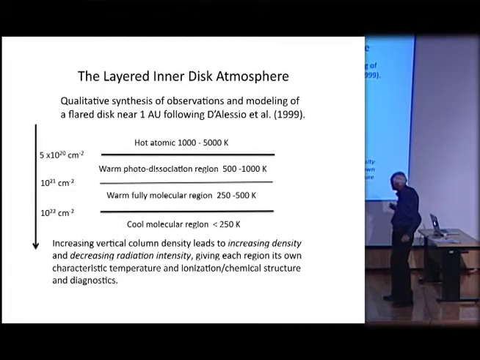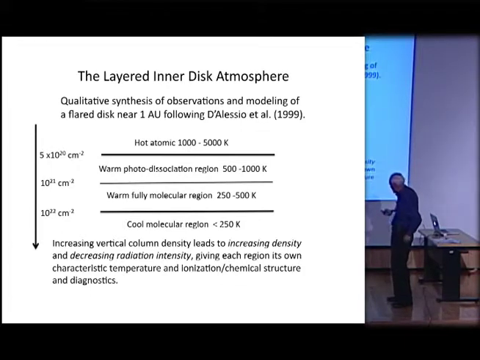After you go through this transition, this photodissociation region, which is pretty warm, in the range roughly 500 to 1000 Kelvin, you get to a region where essentially all the atoms have been converted into molecules. And that region is still relatively warm and can give rise to observable lines or contribute to the observable lines.